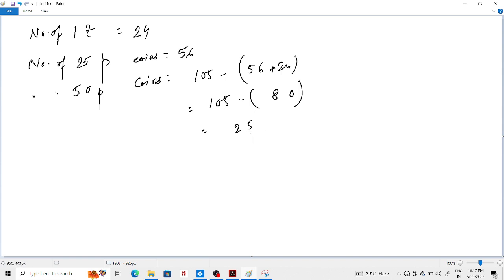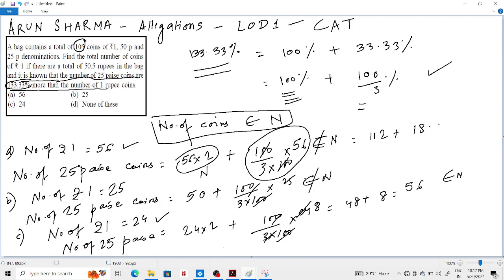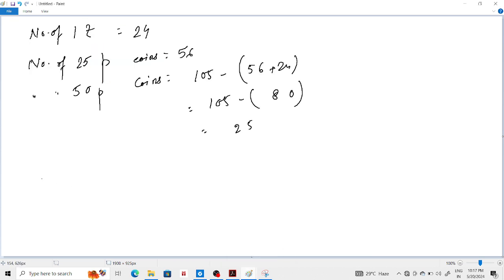Now how to validate that the information we have is correct? Here we see that there is another information given that the total amount is 50.5. So let's see what is the total amount that we got from our answers.